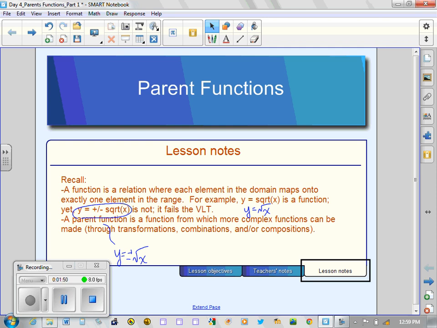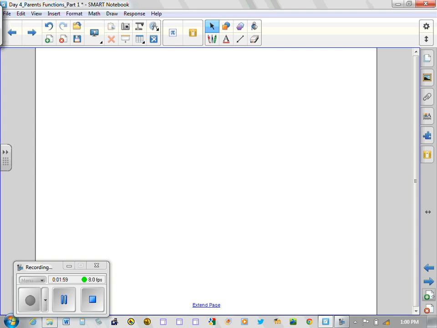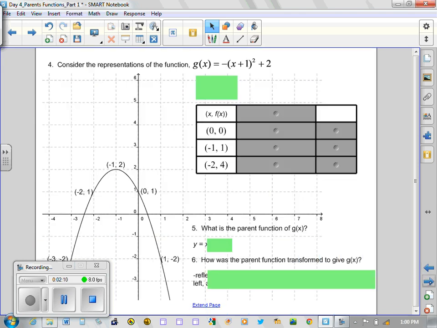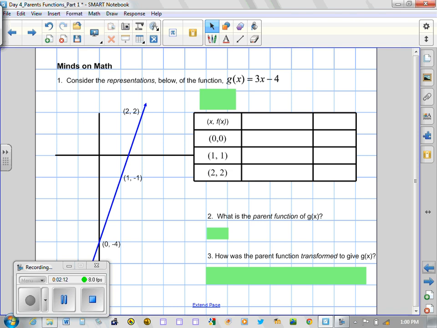So we should see combinations throughout the course, and we'll look at compositions at a later point in time. Okay, getting a little bit ahead of myself here.